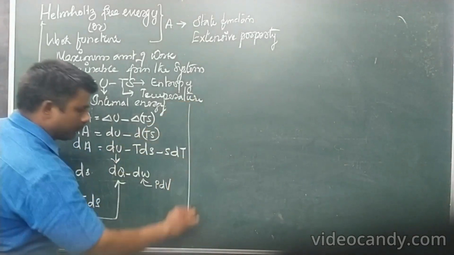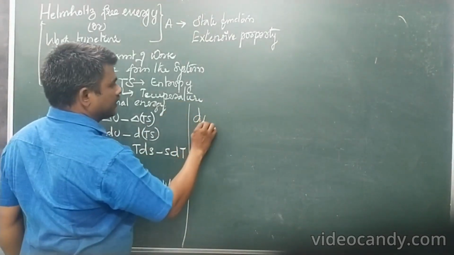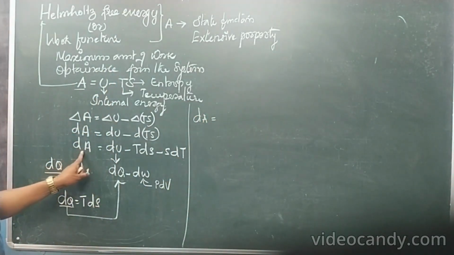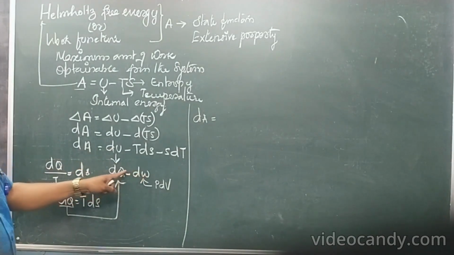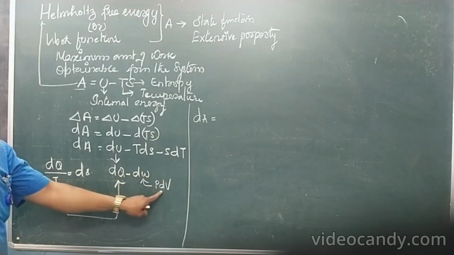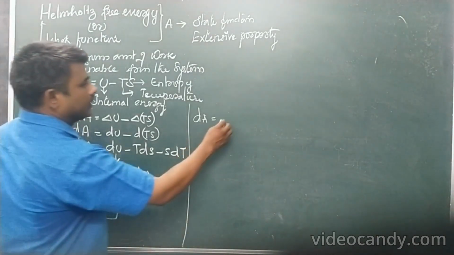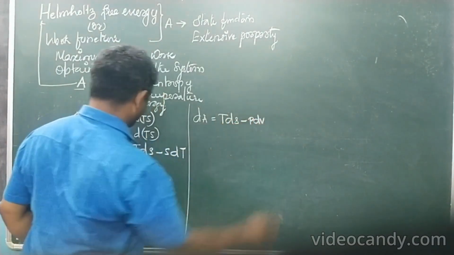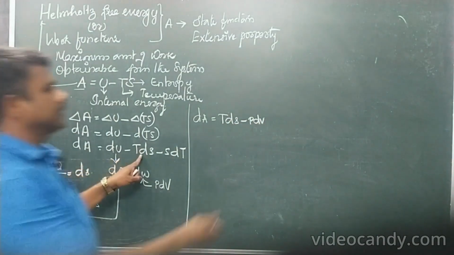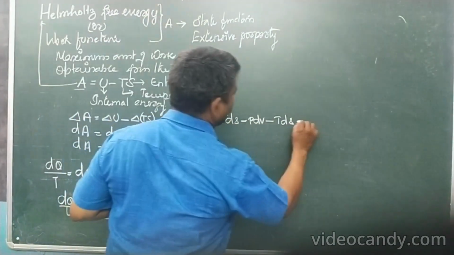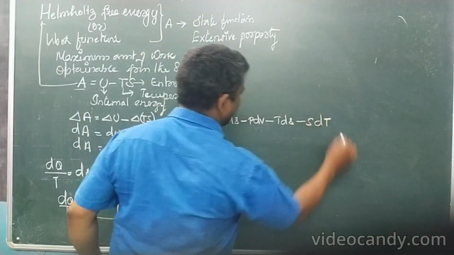Hence, this equation becomes the change in Helmholtz free energy: dA is equal to dU, and instead of dU, dq minus dw. Instead of dq, I write T dS. Instead of dw, I write P dV. Hence, it is T dS minus P dV minus S dT.